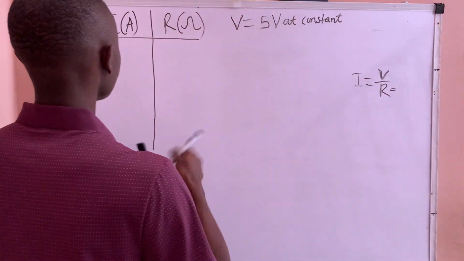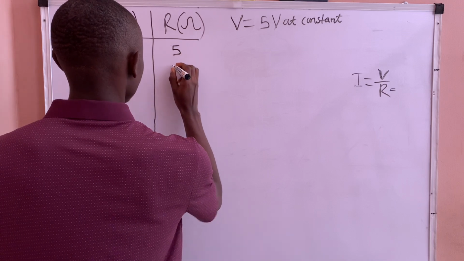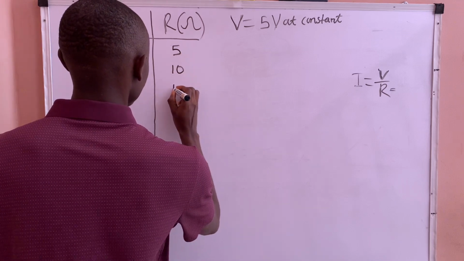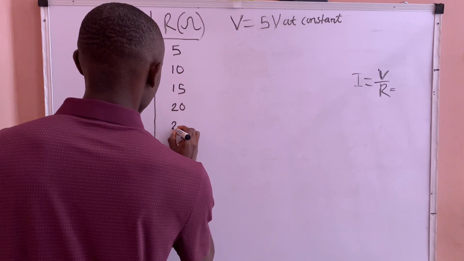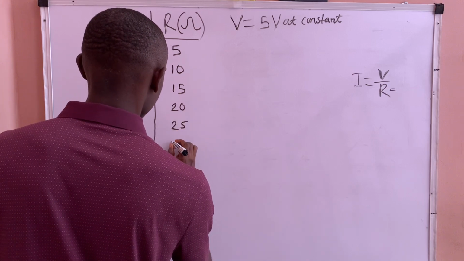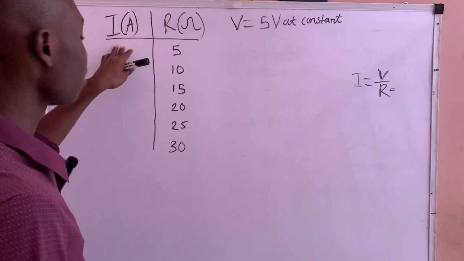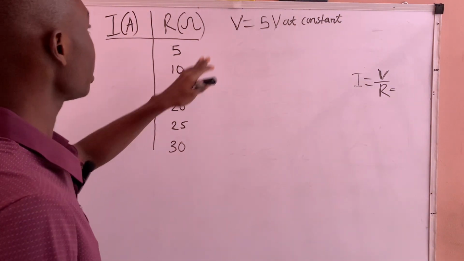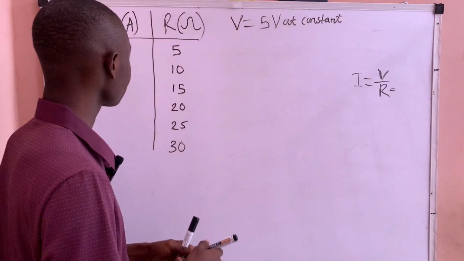Okay, let's say we increase resistance by 5, 10, 15, 20, 25, and 30. What will happen to the value of current when we increase resistance when voltage is kept constant?